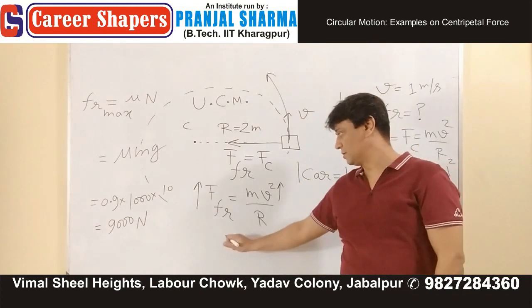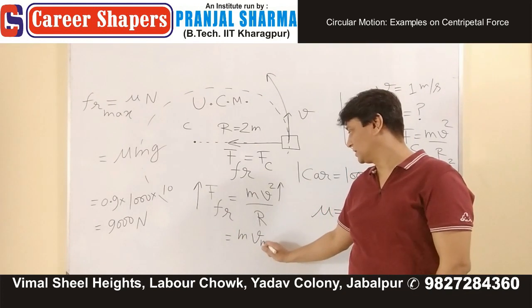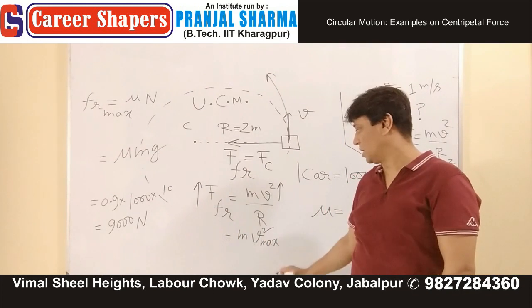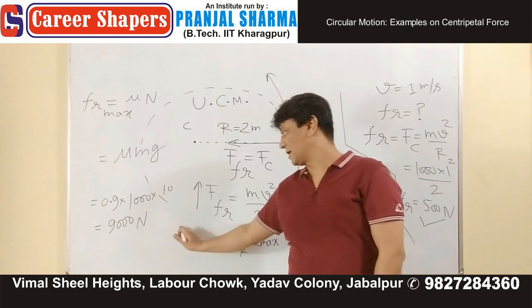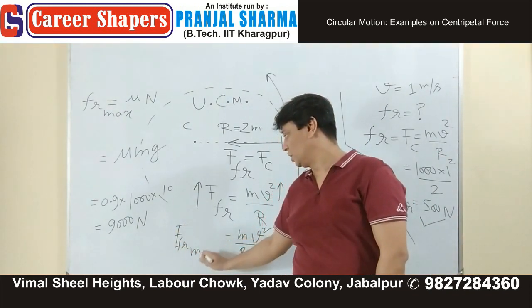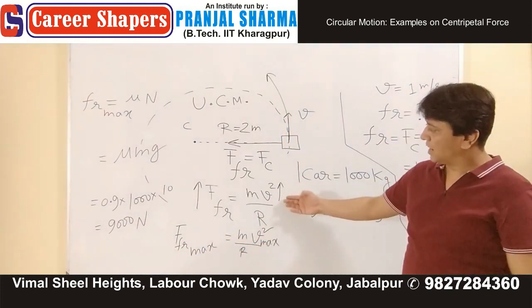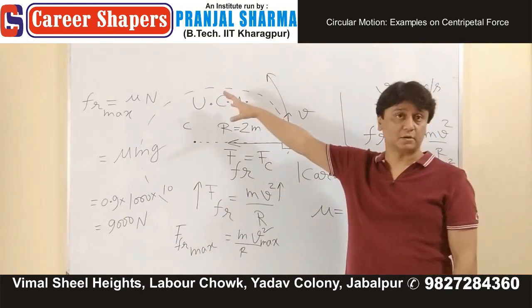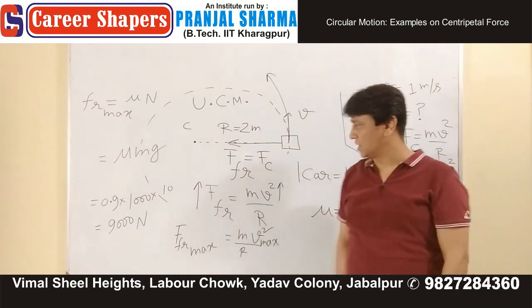So when this V becomes maximum, V square divided by R, your force provided by friction will also become maximum. As you increase V, this increases. The last point जब safe है उस वक्त V आपका max होगा, ये भी max हो जाएगा.